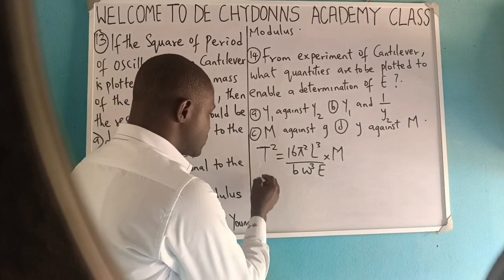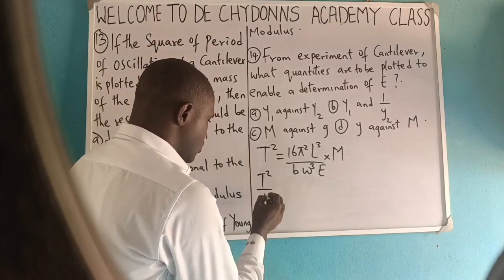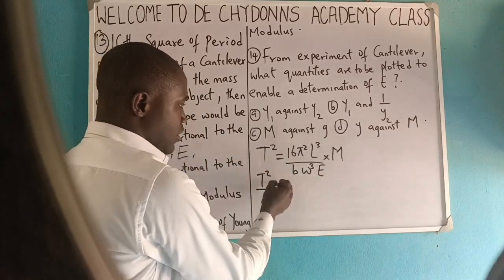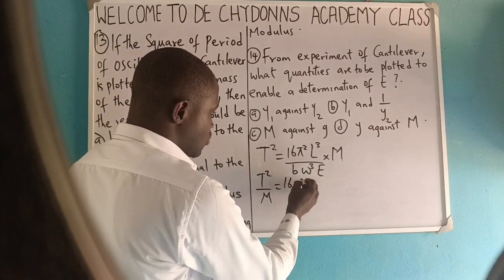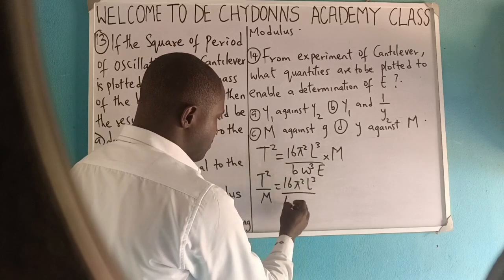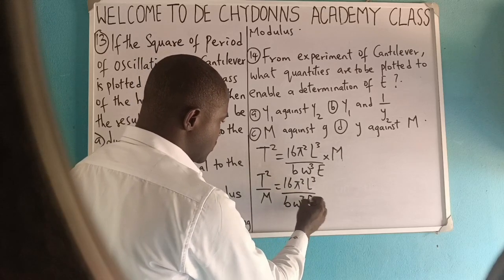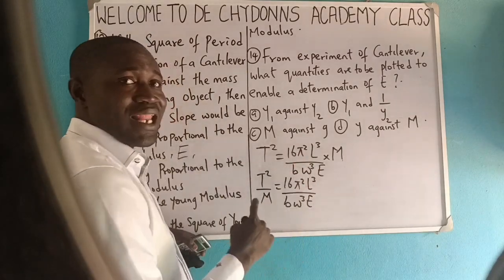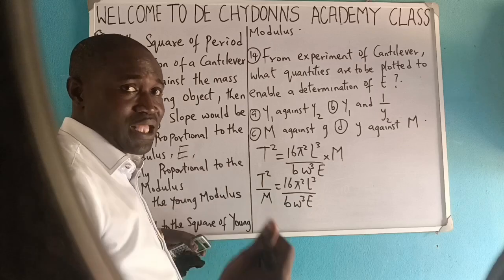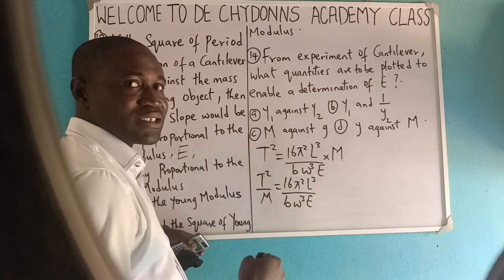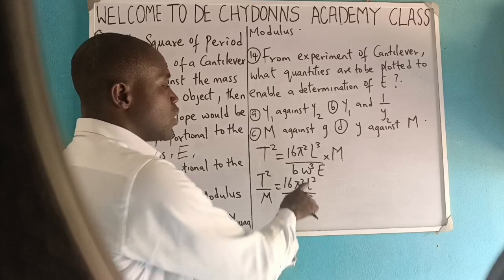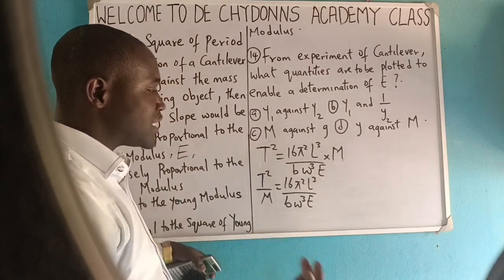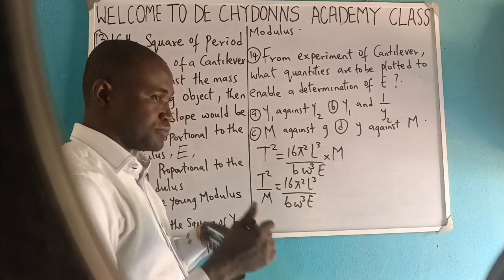That means we'll be having T squared over M equals 16 pi squared L cubed all over B W cubed E. Where E is the Young modulus, L is the length of the meter rule, B is the breadth of the meter rule, and W is the thickness of that meter rule.